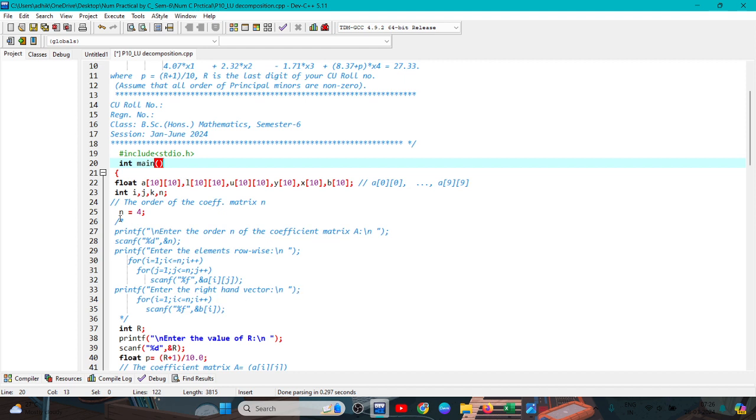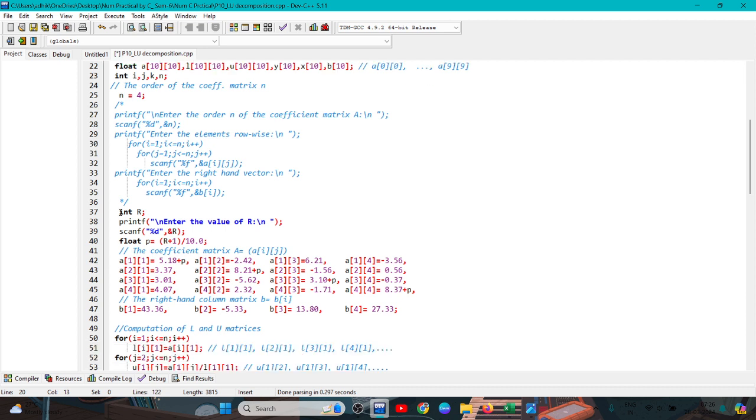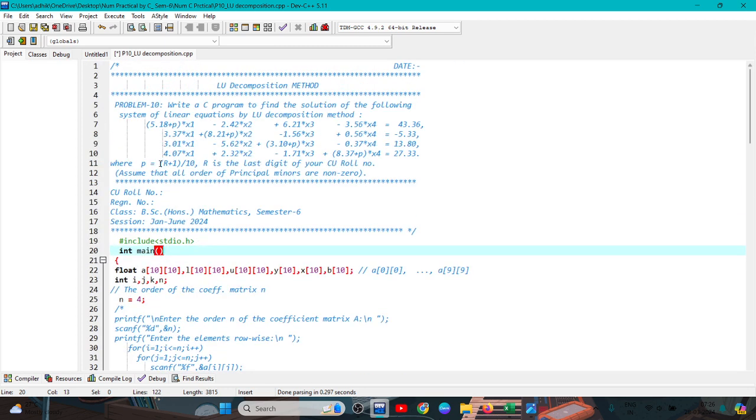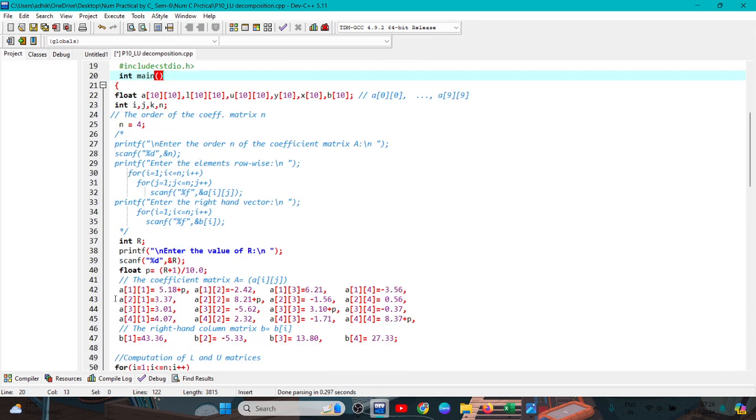So you can delete this portion from here to here, because here we write the elements explicitly. Integer r, this is the last digit of your roll number: enter the value of r, scanf percentage d ampersand r. Float p equal to r plus 1 by 10, according to the given problem. And the elements are this a11.